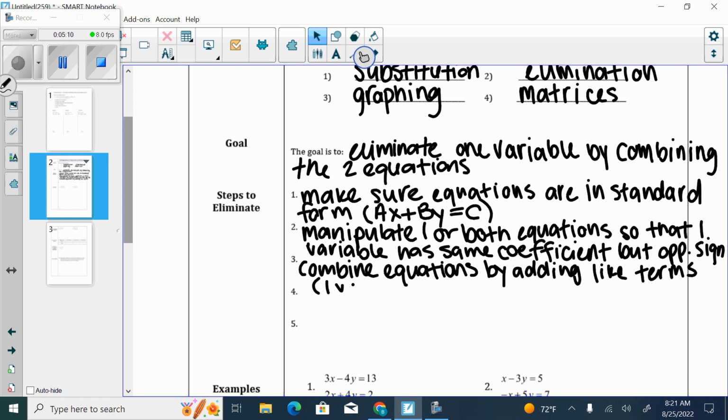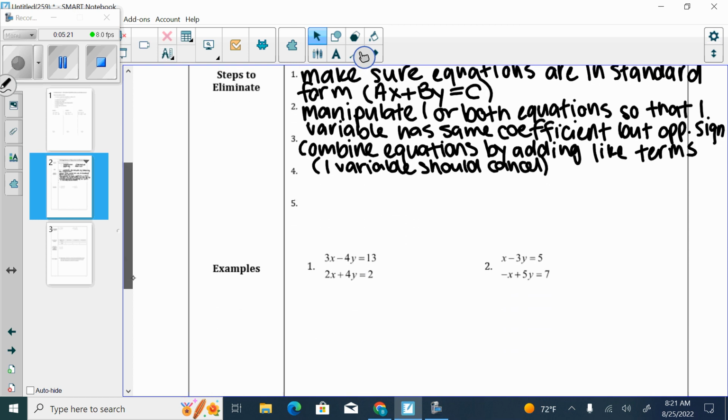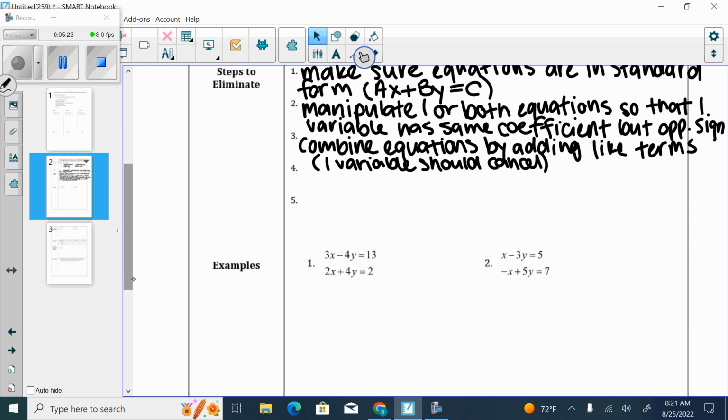So one variable should cancel. Okay? And then once you've solved for that one variable, the process then goes back to exactly how it was yesterday. Now that you know one of your solutions, you can go back and plug it in to one of your original equations so that you can find the other. So then you just solve for the other variable.